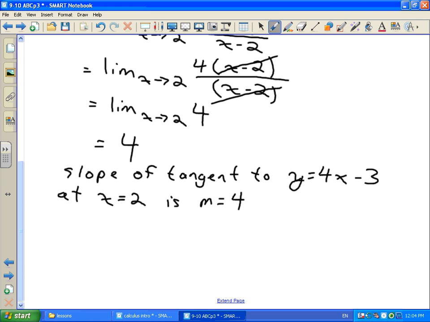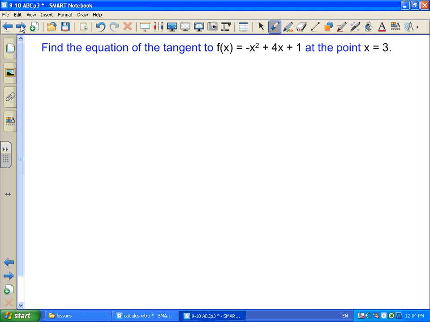I've got one more question that we're going to try, and then we're going to be done. This one's a little trickier, though. Here we want to find the equation of the tangent to this curve at the point x equals 3. If we want the equation for the tangent, we first find the slope, and then use that slope to find the expression for the equation.